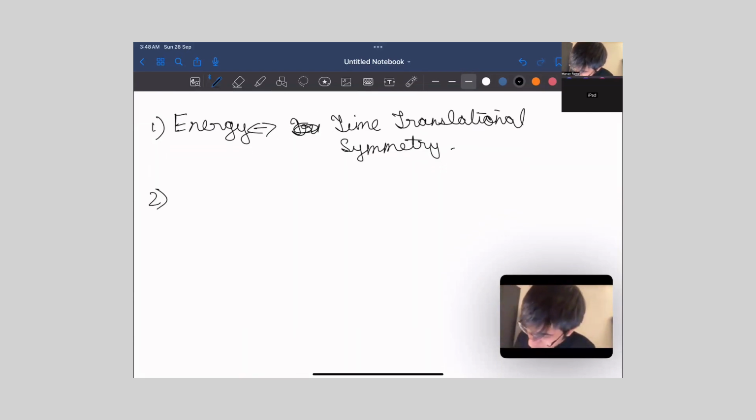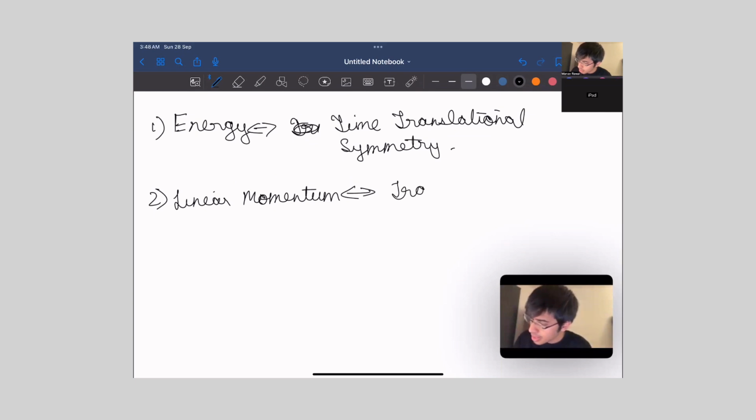Second, linear momentum. This corresponds to translational symmetry. Now, it sounds similar, but there's a word missing. Time is missing from this. So, what does translational symmetry mean?